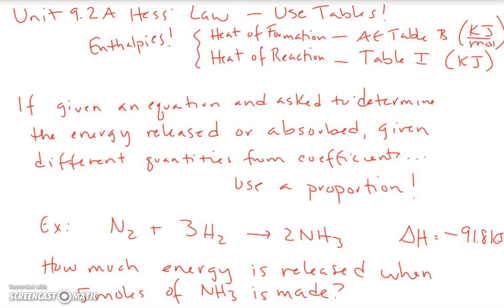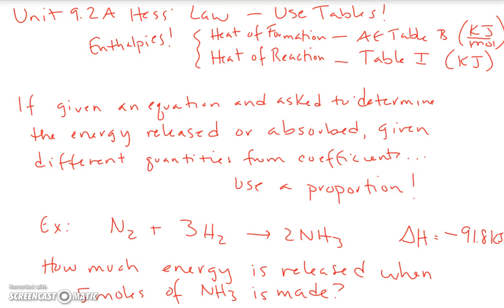Now if you're given an equation and asked to determine the energy released or absorbed, and I've given you different quantities than those shown in the coefficients of the balanced equation, what you'll want to do is use a proportion. In this example, we have nitrogen N2 plus 3H2 turning into 2 moles of ammonia, and delta H, which you look up on table I, is negative 91.8 kilojoules.